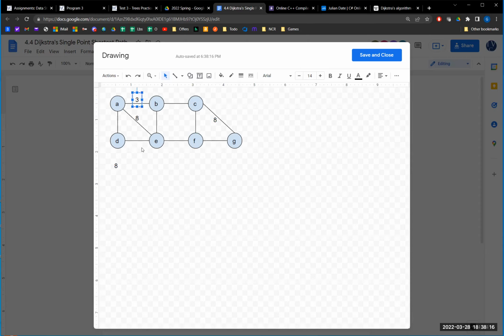Our objective being finding shorter paths. So we'll just arbitrarily start with A as our starting point, and we'll build up as we go along from there. Different ways that we're going to be able to go.